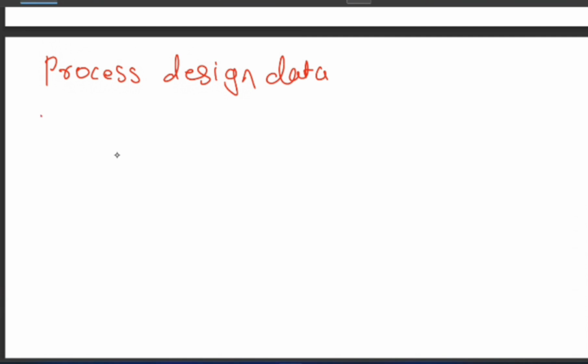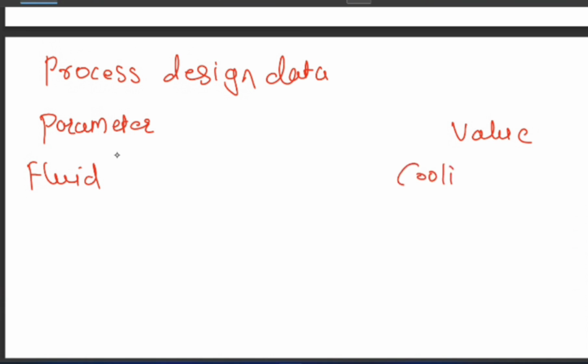So we have the fluid parameter and the value. The fluid was in liquid form, and it was cooling water. You should know the temperature, so it was 25 degrees Celsius.